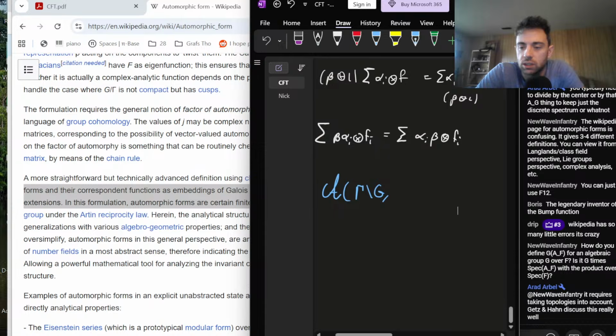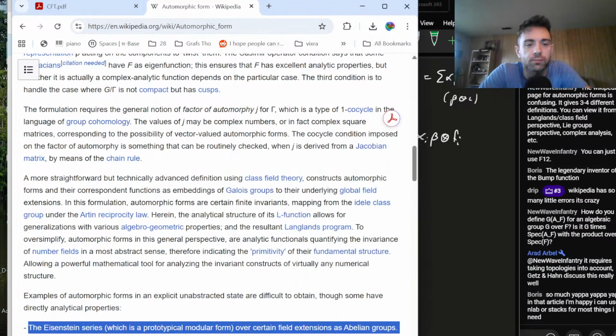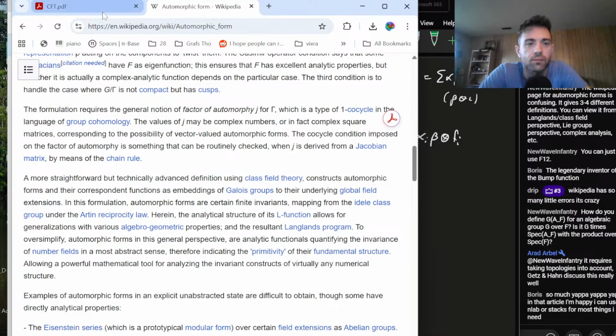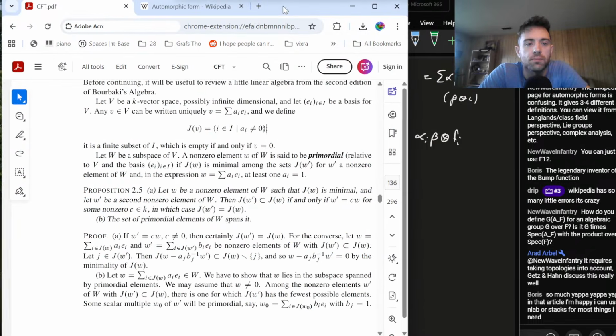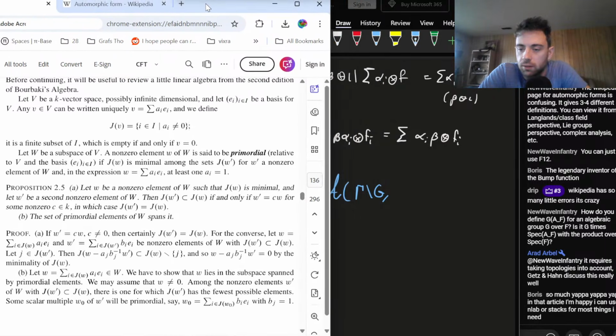Yeah, but I guess it is this big beast of a ring. So much yapping in that article.